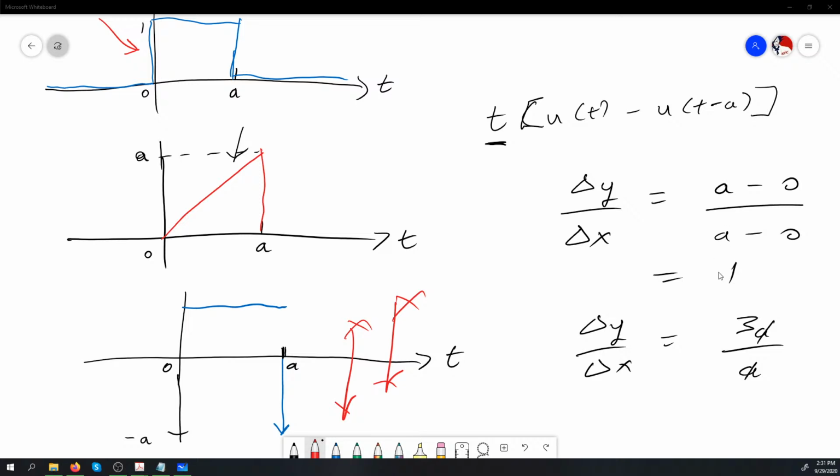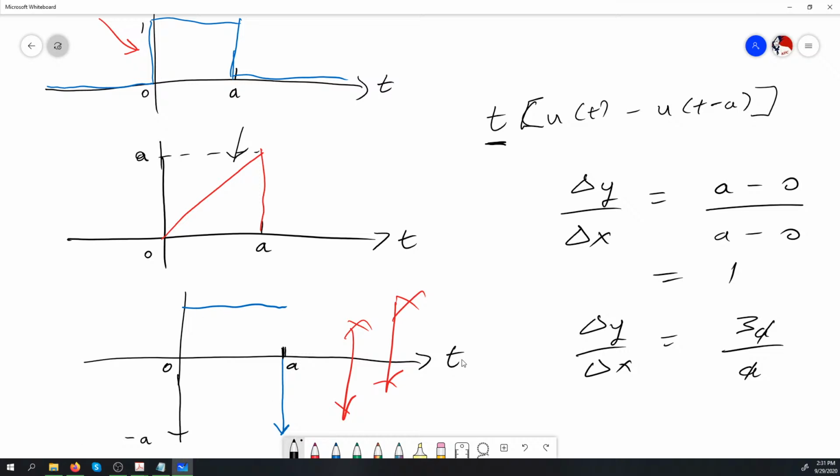A divided by a will just give us a gradient of 1. That's how you end up with a line here of constant value 1. So it's just the differential of the straight line to obtain the gradient of the line, which maps as the differential accordingly.